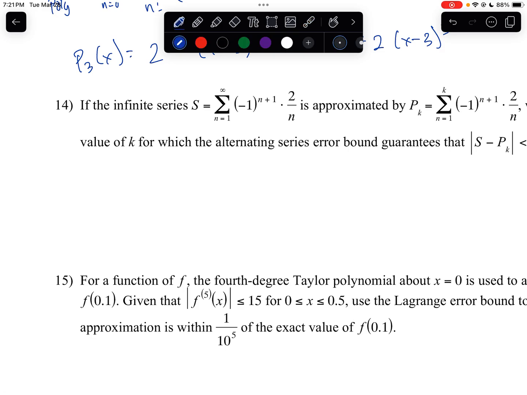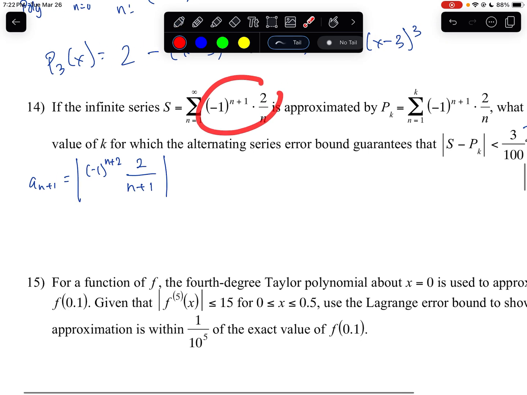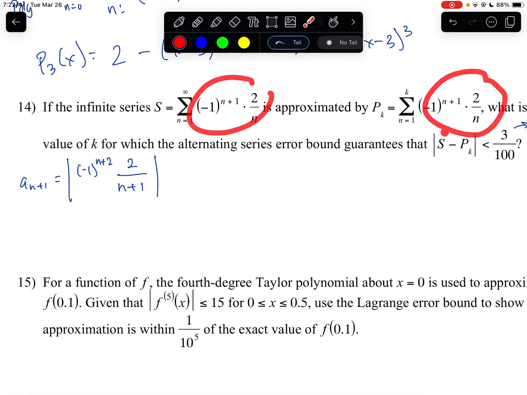So a sub n plus 1 is, in this case, the absolute value of negative 1 to the n plus 2 times 2 over n plus 1. So I'm basically just using these descriptors of my nth term right here, and I'm plugging in n plus 1 for n to get my nth plus 1 term.